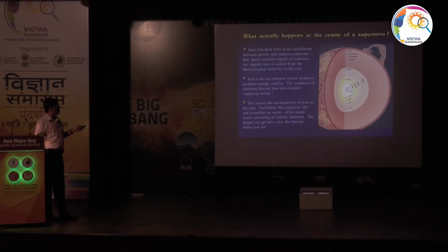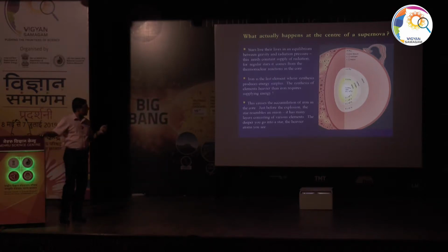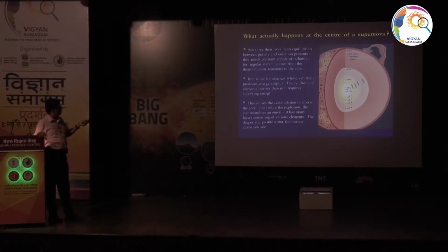So the collapsing part, this is what I was telling you earlier. I should have put this up front, that this is how the star lives in equilibrium between gravity and radiation pressure. Here you can see the various layers, helium and then carbon, oxygen, silicon, the different layers at which the fuel is being burnt.